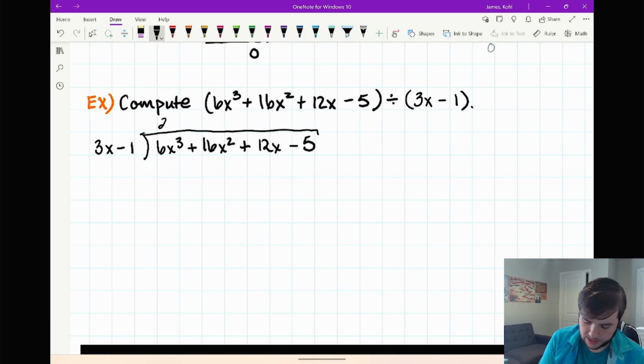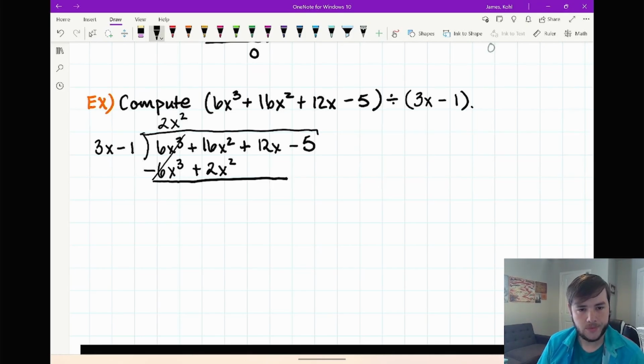The answer is 2x squared of them, because when I multiply 3x by 2x squared, I get 6x cubed. And then, of course, I'll have a minus 2x squared. Then I subtract them here. My 6x cubes will cancel. I'll be left over with 18x squared, and then I bring that plus 12x down.